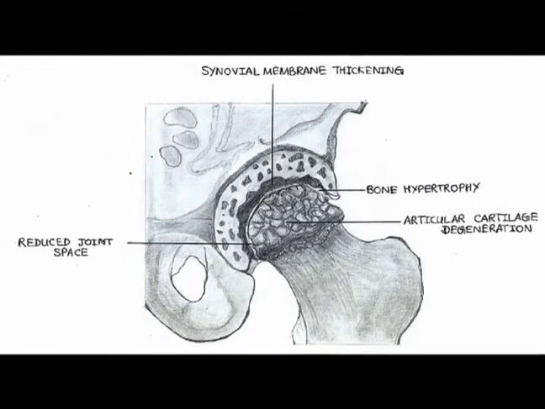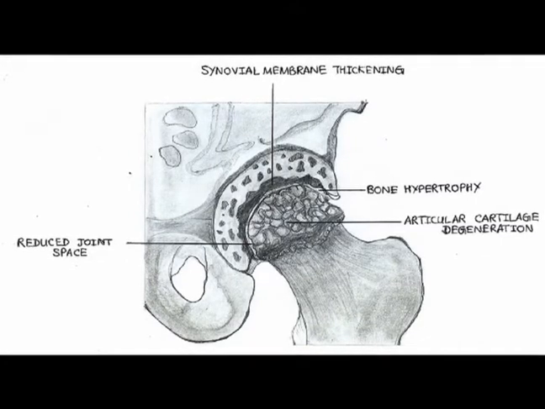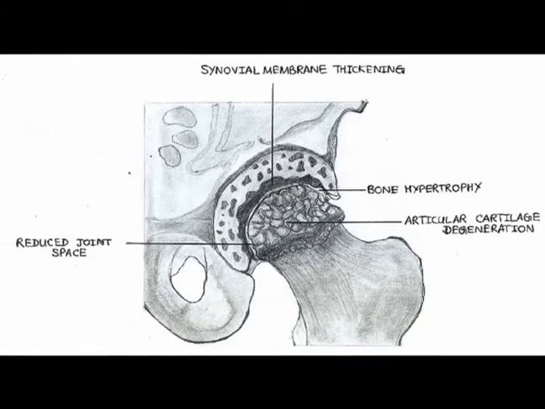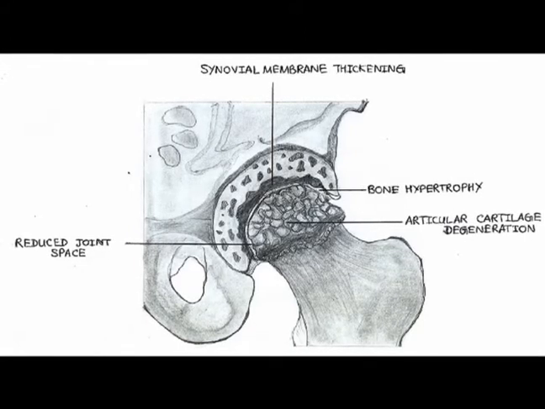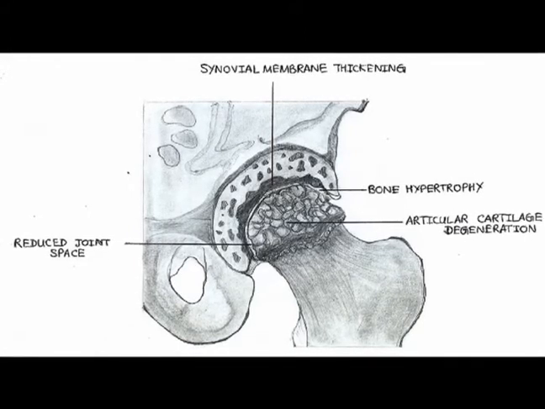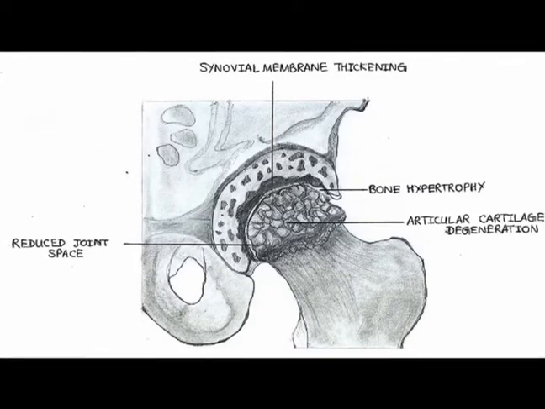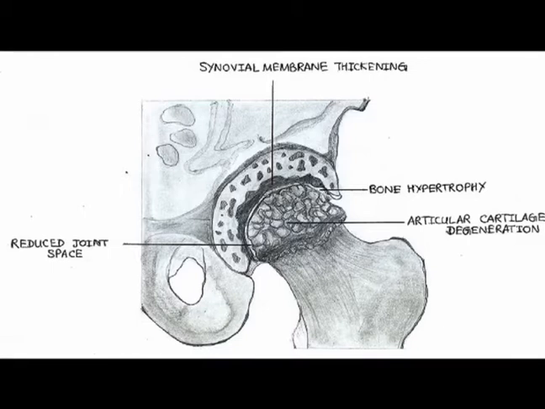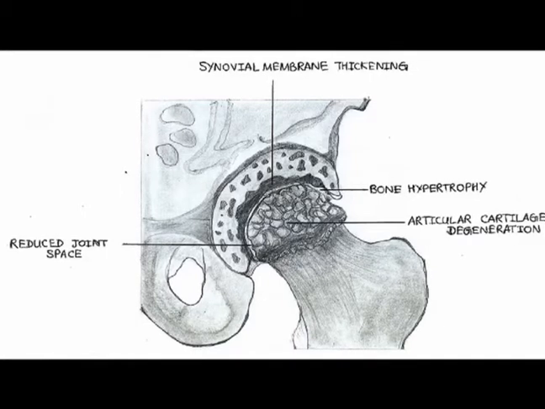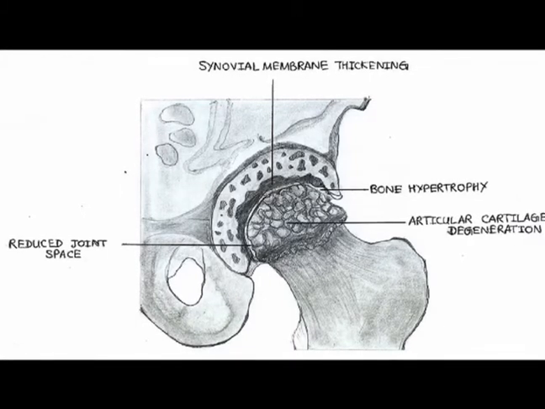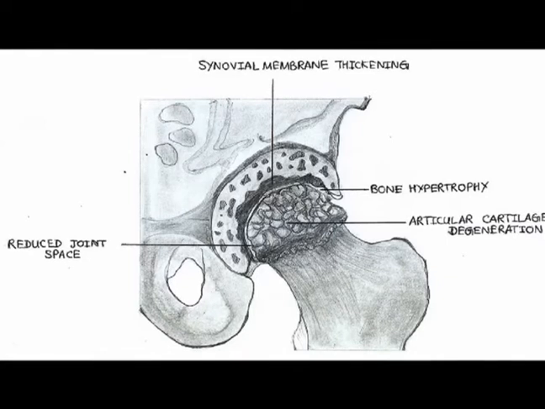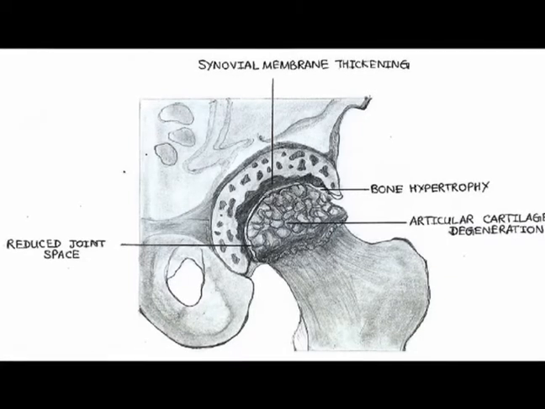Several very distinct physiological changes occur when osteoarthritis is present. First of all, there is degeneration of the articular cartilage. Also, there is thickening and inflammation of the synovial membrane. Another factor that occurs is there is extra bony growth.